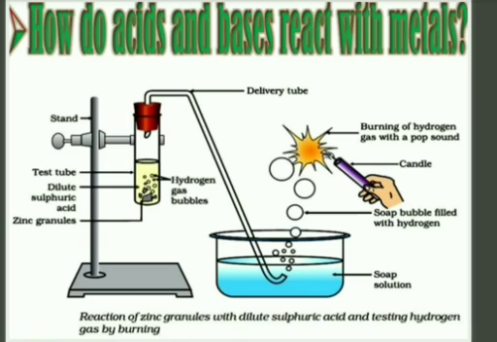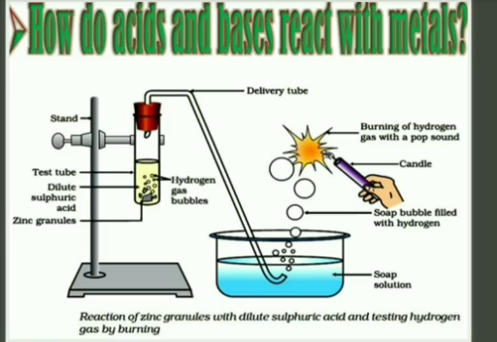You can have many questions from this activity. Why did we take soap solution, not simple water? You know that hydrogen gas is evolving; it would get mixed with the water and we could not indicate its evolution, so we have to take soap solution.